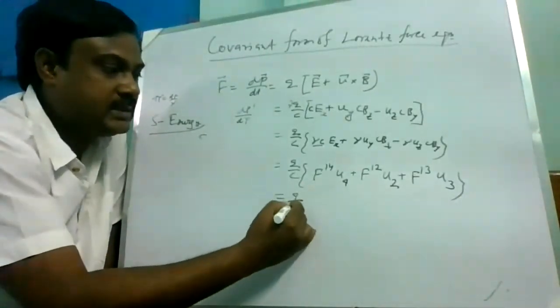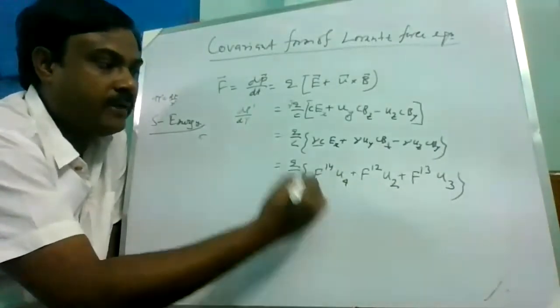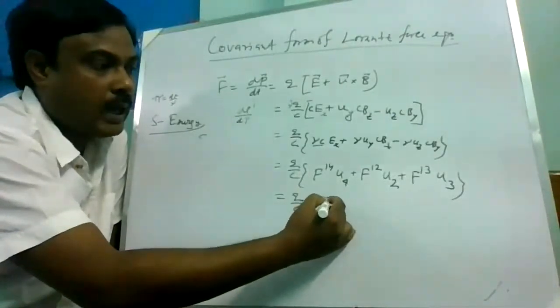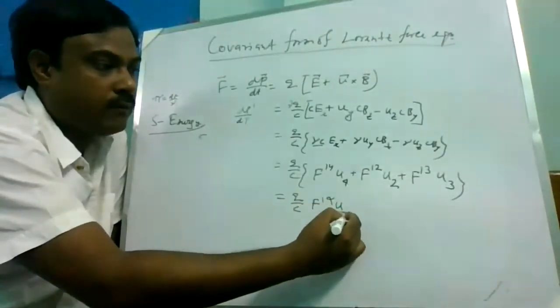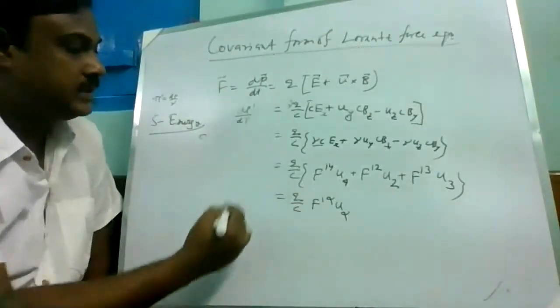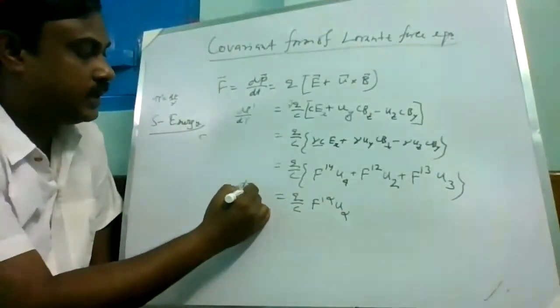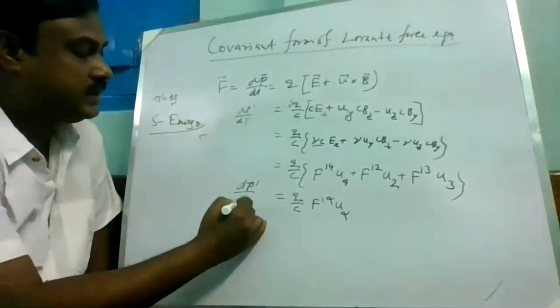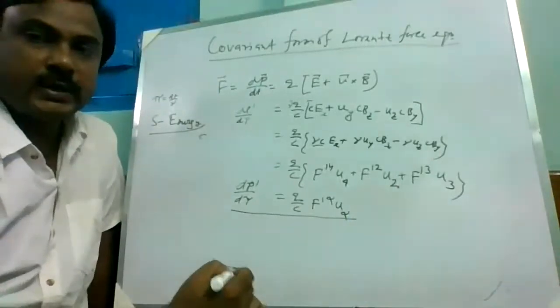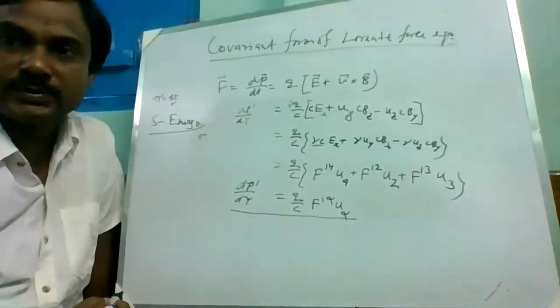So this can be written as q by c f1 alpha u alpha, right? So the first term is there, dp1 d tau is this.